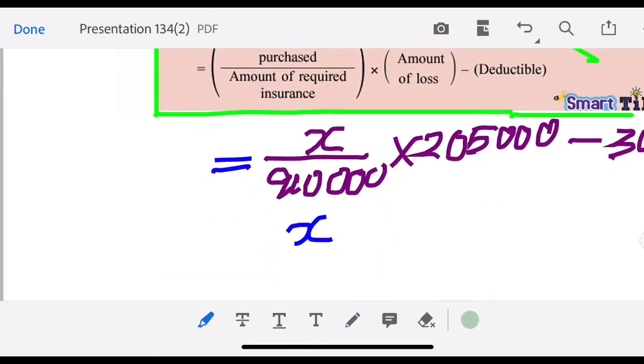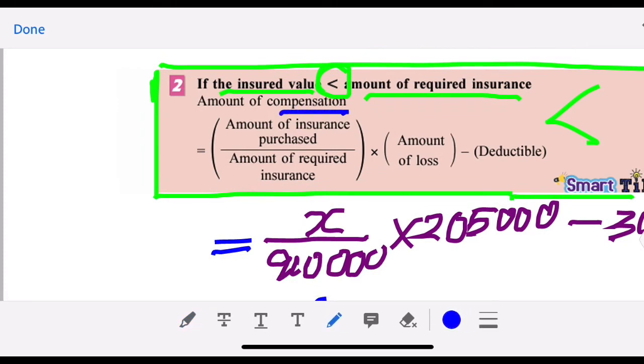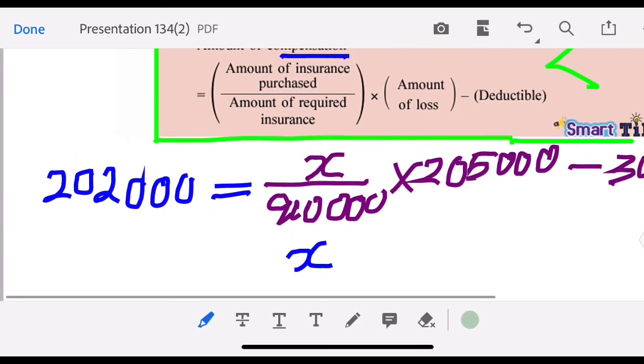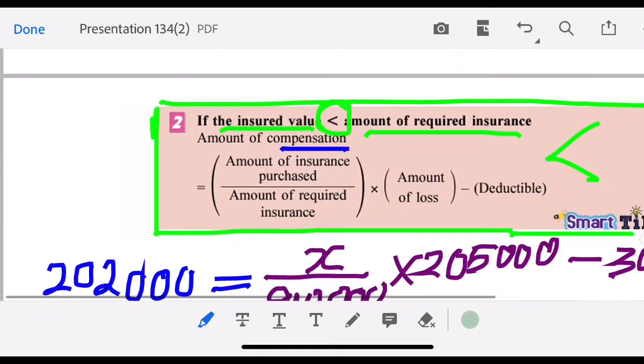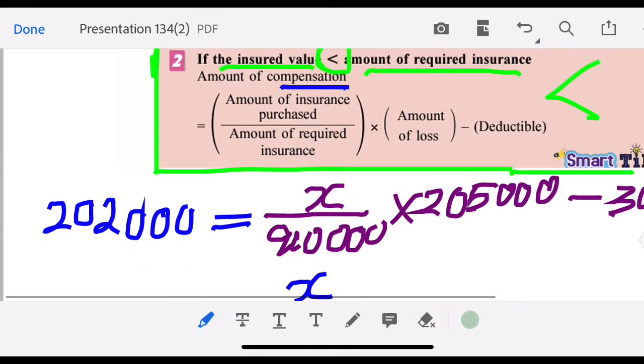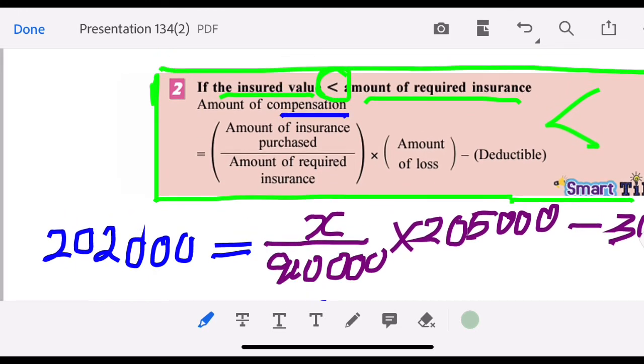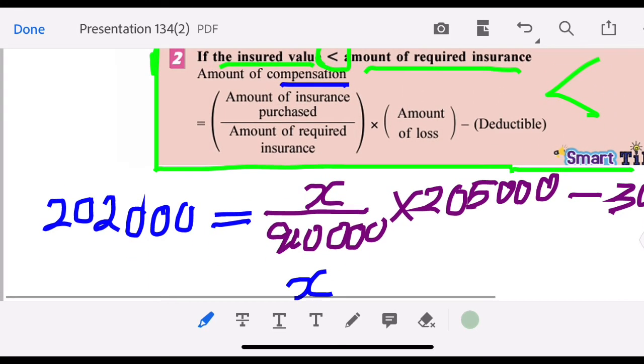The 202,000 is actually less than the amount required by the insurer.